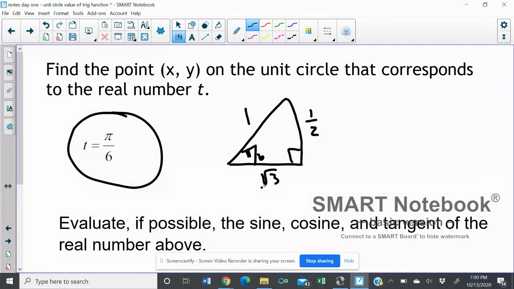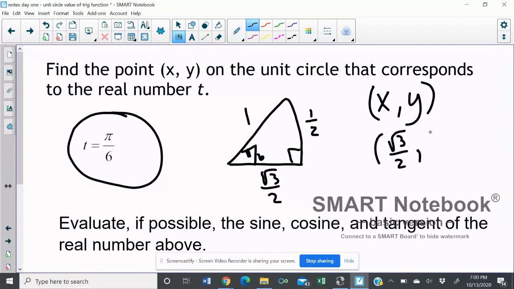And this gives me my root 3 over 2. That's how I would do this. Okay? So what's the xy coordinate? The x is how far over, root 3 over 2, and your y is how far up, 1/2. That's the point.